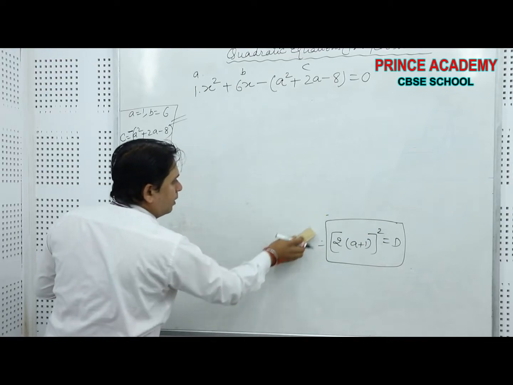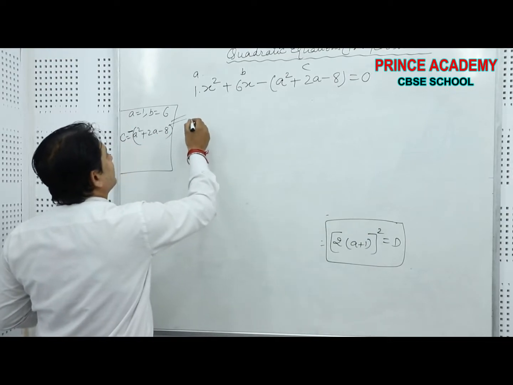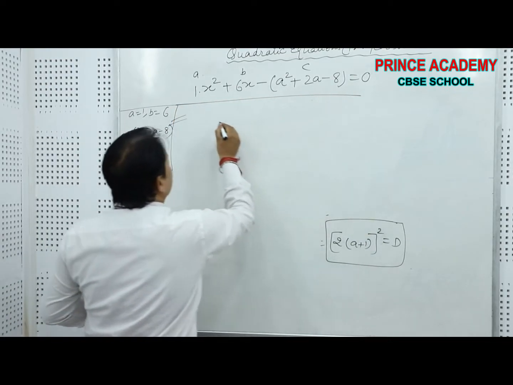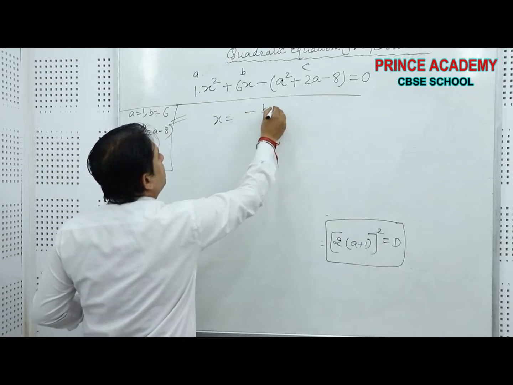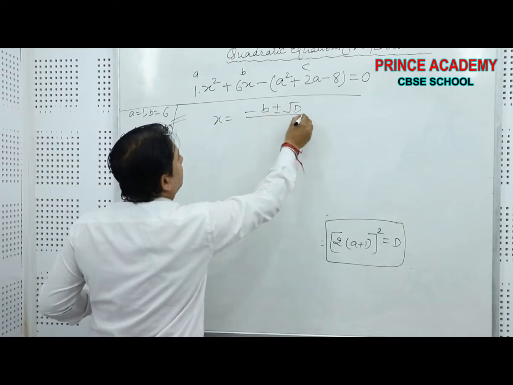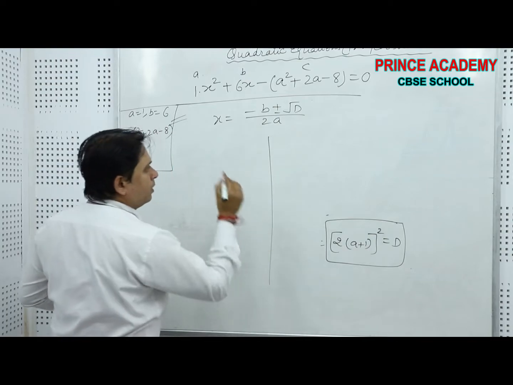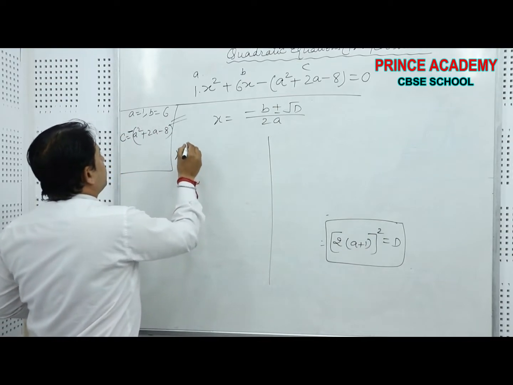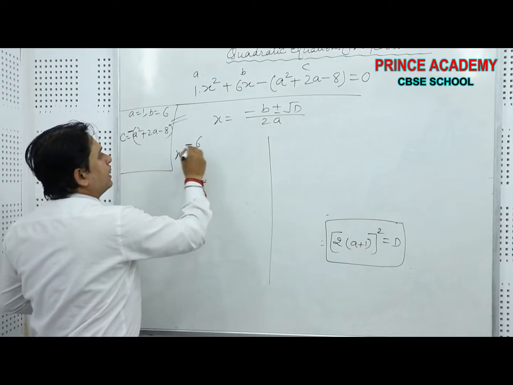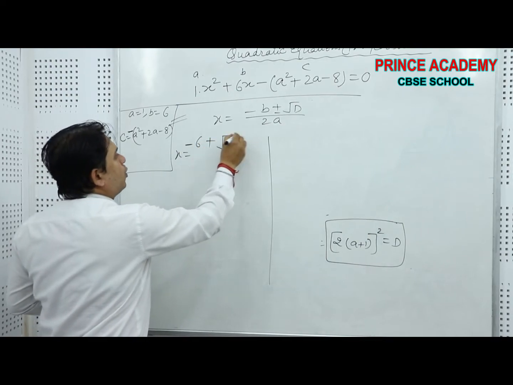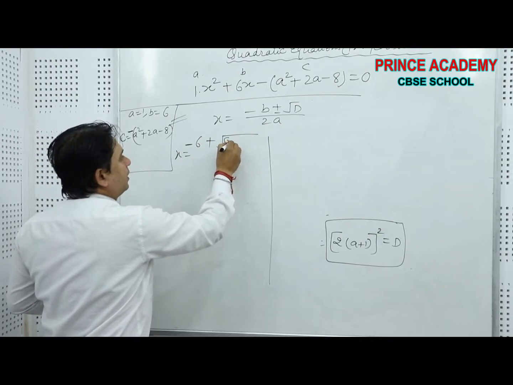Done. Now see, finally what is X? Finally what is X? X is equal to minus b plus minus root D by 2a. Yes or no? X is equal to minus b plus root d by 2a.